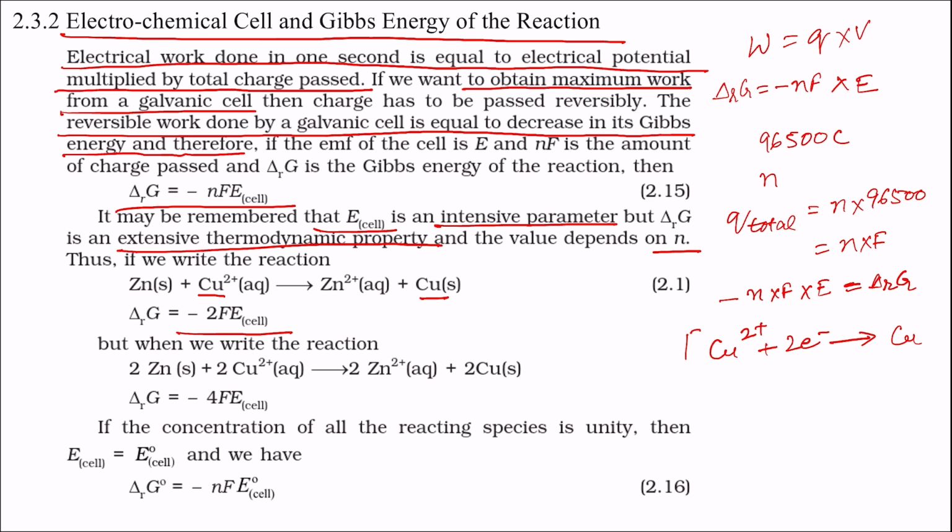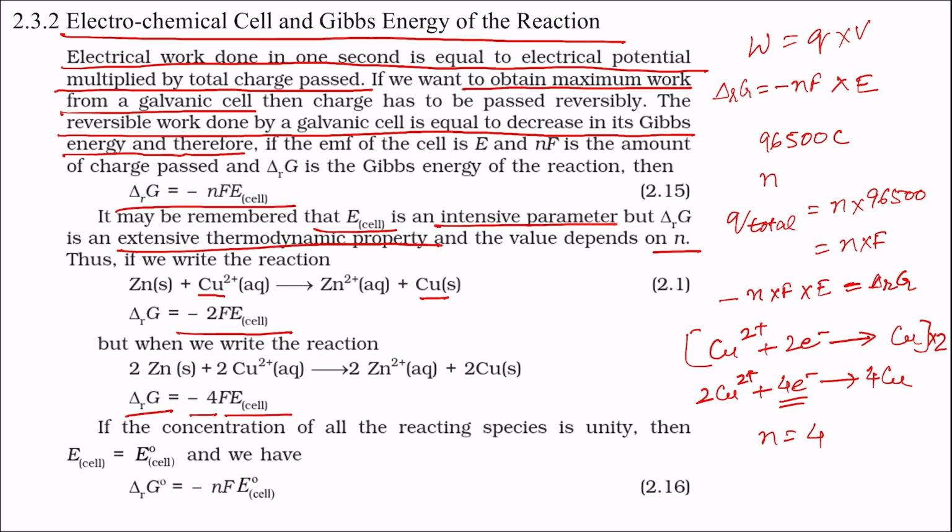When this entire equation is multiplied by 2, the equation becomes 2 moles of Cu2+ ions plus 4 moles of electrons forming 2 moles of Cu. So here the moles of electrons is 4, and the value of n becomes 4. Therefore the delta G value also becomes minus 4 into F into E.